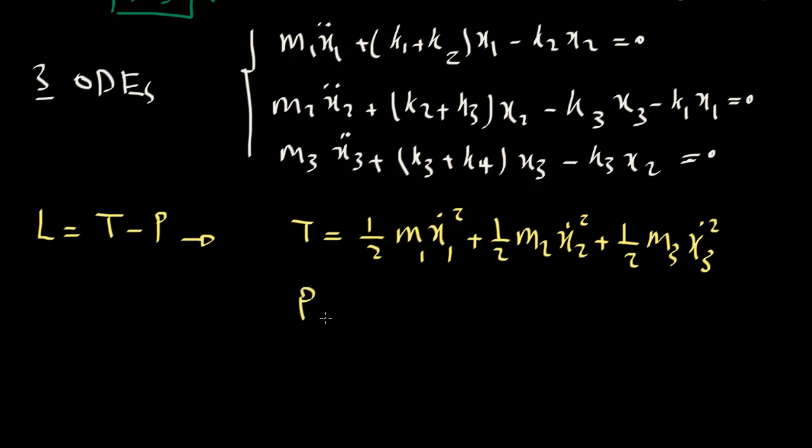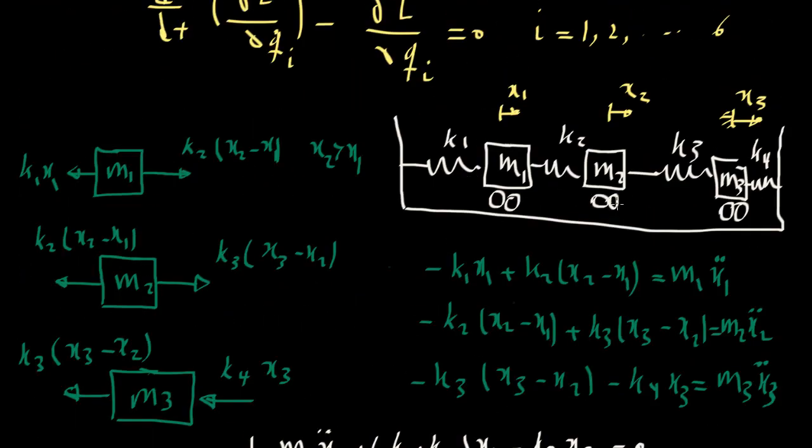And for potential energy, it would be the potential energy that is stored in all of these springs. And here is the good thing about this approach: the potential energy doesn't depend on if a spring is compressed or stretched. It just depends on the amount of the change in the length of the spring. It doesn't matter if it is stretched or compressed.